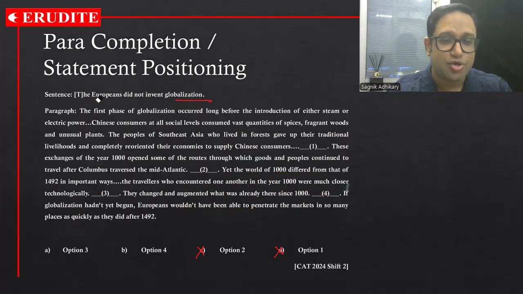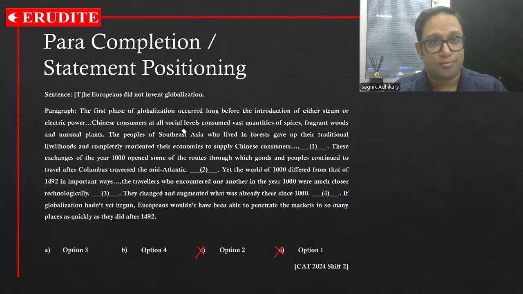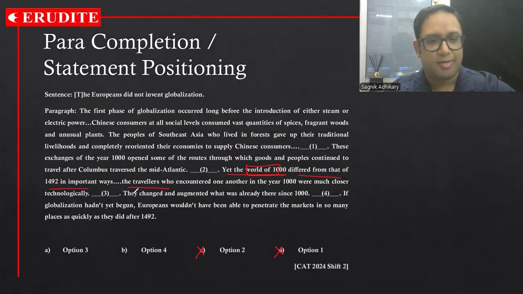This is again drawing upon the same logic that we discussed in the previous question. If you place the given sentence in blank 4, there is a gap left in blank 3. Look at the statements before and after blank 3. Yet the world of 1000, talking about the world of 1000, differed from that of 1492 in important ways. The travelers, we see that the statement after blank 3 begins with they. They could very well be connected with travelers.